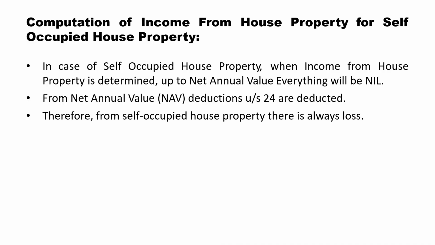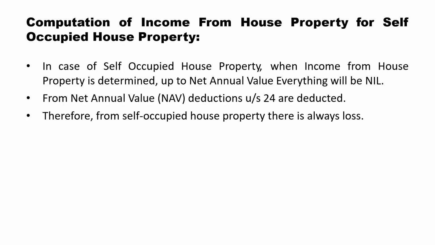And from the nil net annual value, we are going to deduct the two deductions. That is the standard deduction, 30% of NAV. NAV of the self-occupied house property is nil, zero. Therefore, standard deduction is also zero. And the second one is interest on loan, that may be 2 lakhs or 30,000, maximum or minimum.